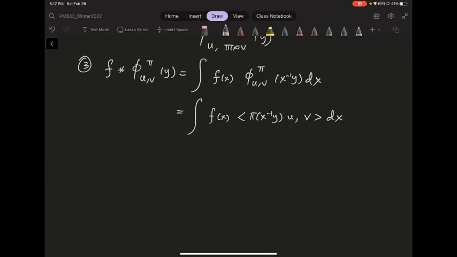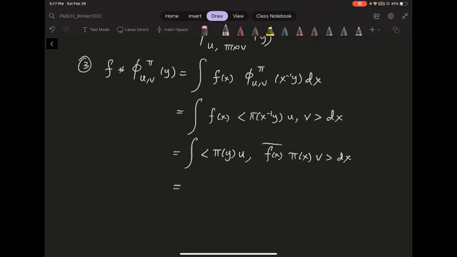What I can do is first of all use that pi x inverse is basically pi x star, and move it to the other side, like when I showed the left invariance. And you can basically move the f of x to the other side, so you can treat it as some constant. So what you end up with is you fix pi of y and apply it to u. And then you have f x, we need a bar here because it's on the second coordinate, it's conjugate linear. And you have pi x times v, dx.